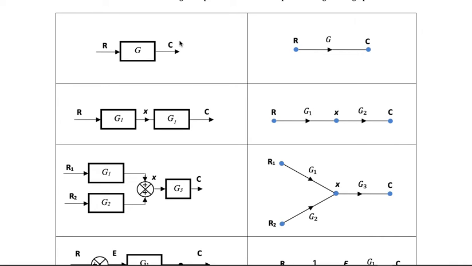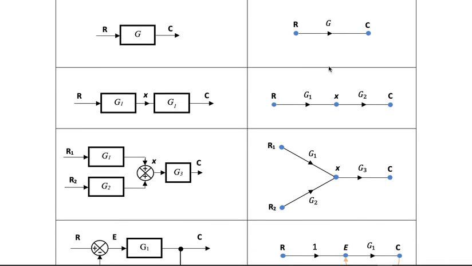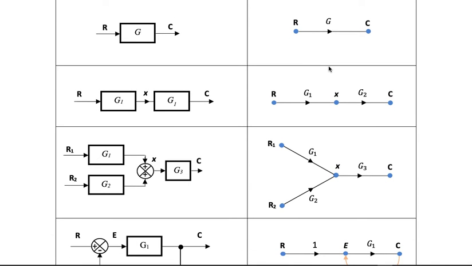On the left hand side is the block diagram, and on the right hand side is the equivalent signal flow graph. If we have a block diagram and want to convert it into a signal flow graph, we can consider this table, and this table will facilitate us in determining the correct signal flow graph.